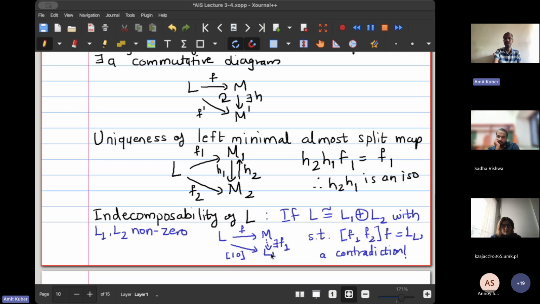You take L1 direct sum L2 here and you write it in matrix form. And the identity can be factored through F, which means F is a split mono, a contradiction. So therefore, you can conclude that the domain of a left minimal almost split map is indecomposable.